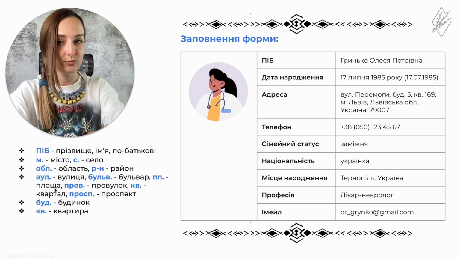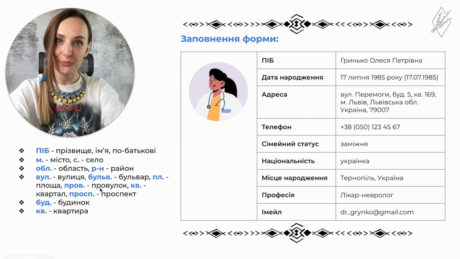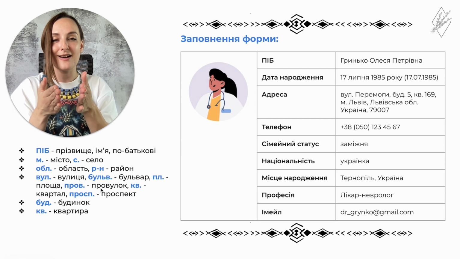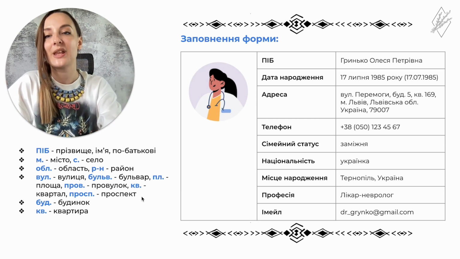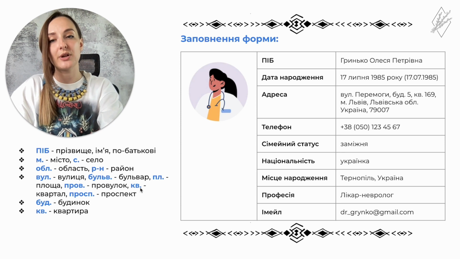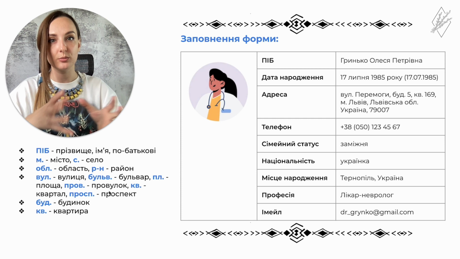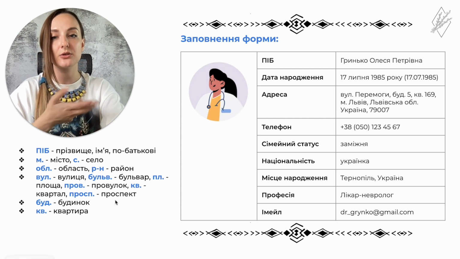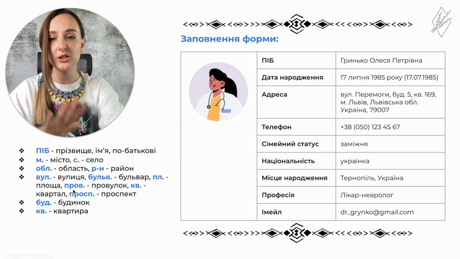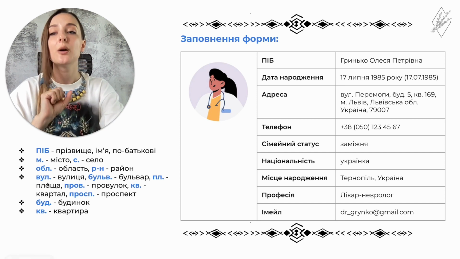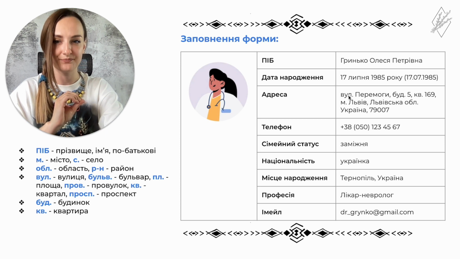Площа, square. Провулок is like a small street between two big streets. Also we have in Ukraine квартал. This is like a block of houses. And it could be also проспект, prospect. So here you see different abbreviations, but of course the most often will be вулиця, so вул.